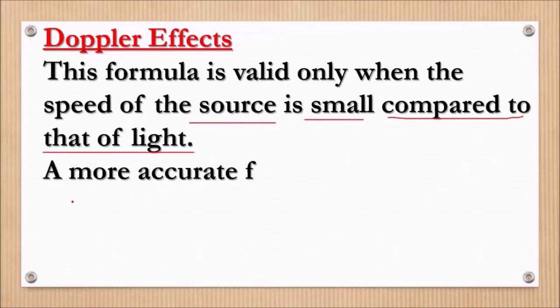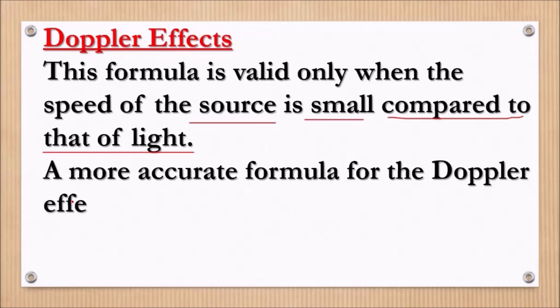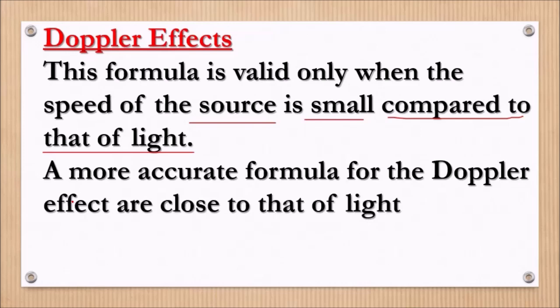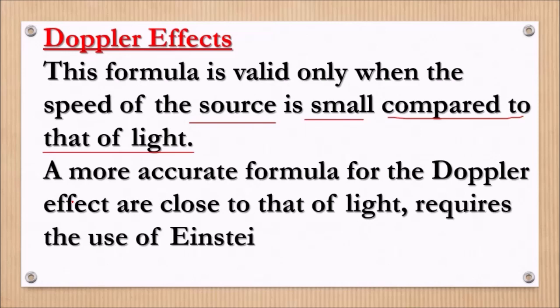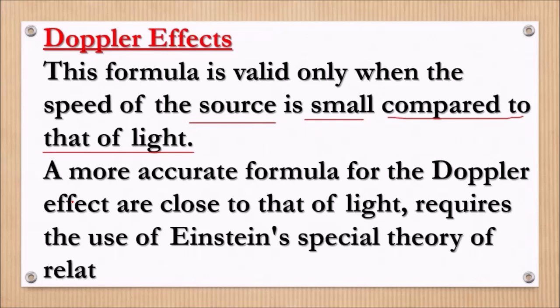A more accurate formula for the Doppler effect when speeds are close to that of light requires the use of Einstein's special theory of relativity. Hope that there is no problem understanding this statement.